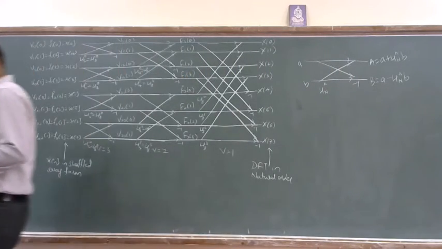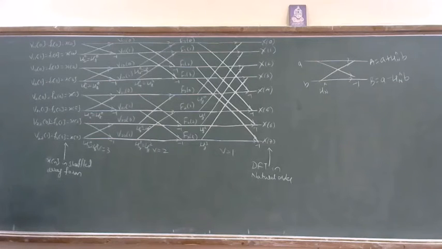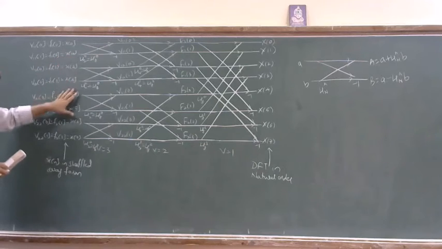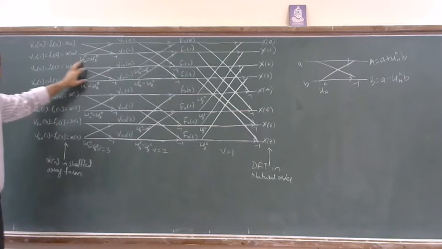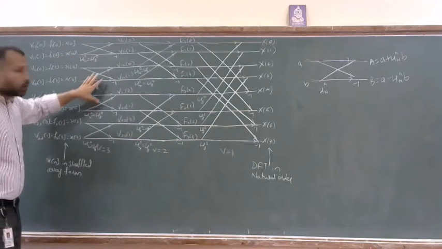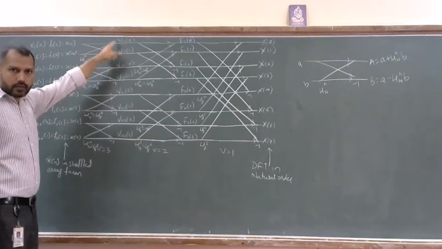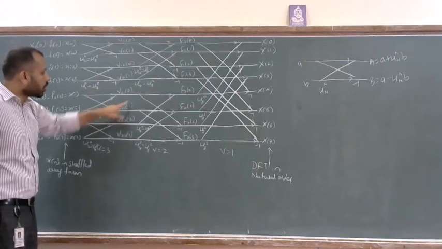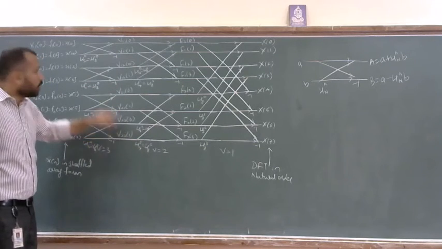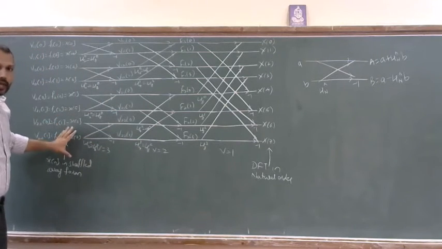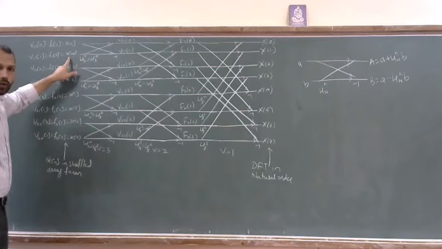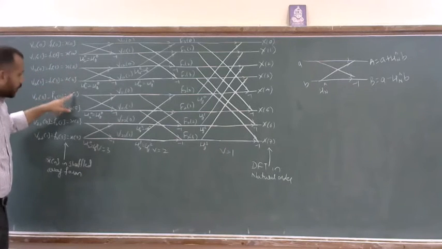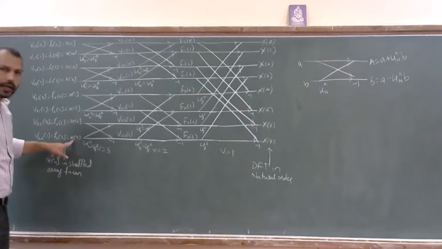If you observe at each stage of the butterfly, in the first stage, to obtain the 2-point DFTs, those are V11 of k, V12 of k, V21 of k, V22 of k, discrete time samples are used: X of 0, X of 4, X of 2, X of 6, X of 1, X of 5, X of 3, and X of 7.